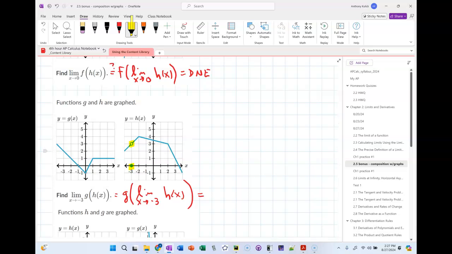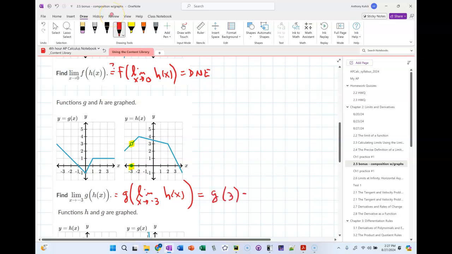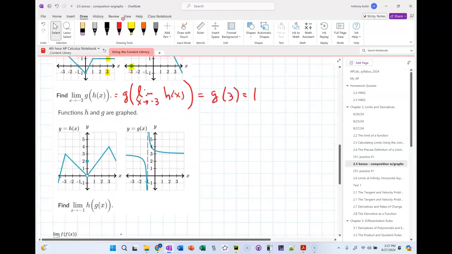It's not a direct substitution. I have to look at the graph. But that limit's 3. And then g of 3 is just 1. Okay, well that one works out okay. Still, Mr. Kulik, this seems like I just can push the limit inside the function and composition, and I haven't run into a problem yet. Right? They've all been relatively as expected.